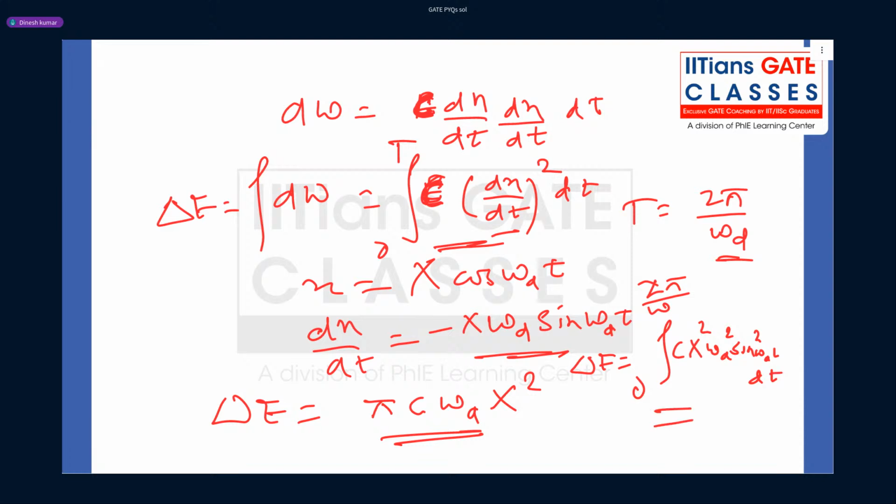Integrate it and substitute your limits, and you will find the answer, which is pi c omega d X square.